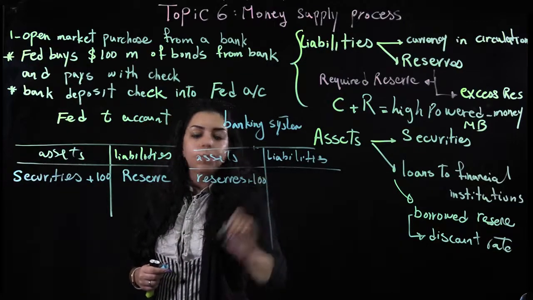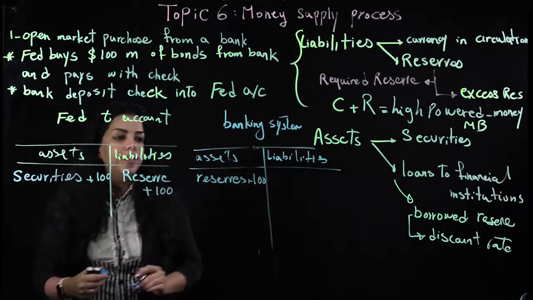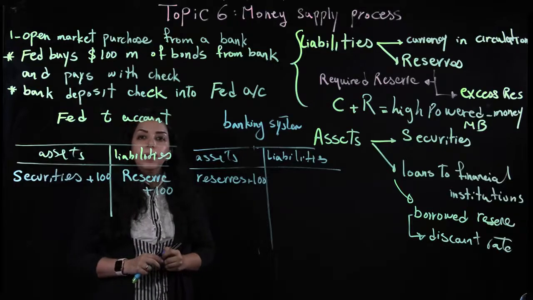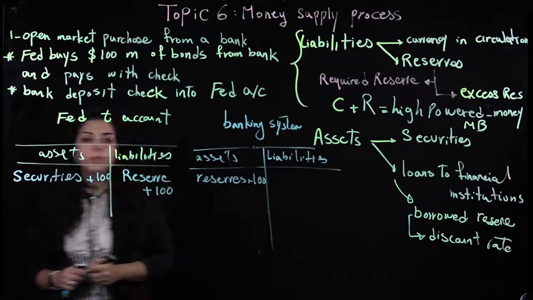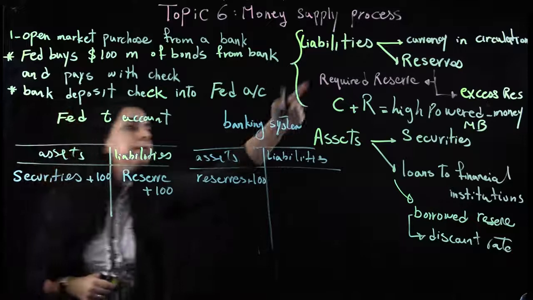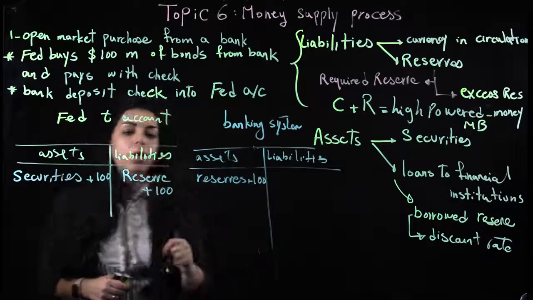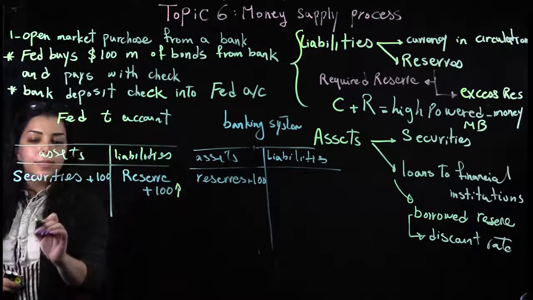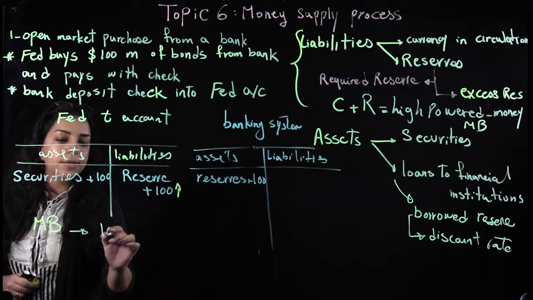It is again positive, and this reserve is also positive 100 here. So if I ask you whether the money supply in the society is increasing or not, what is the answer? The answer is yes, because here we discussed that the money supply or high-powered money is C plus R. Since the reserve here has increased, it means that the monetary base or money supply in the society is increasing by 100 units.